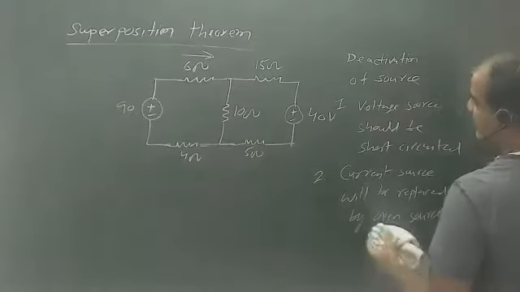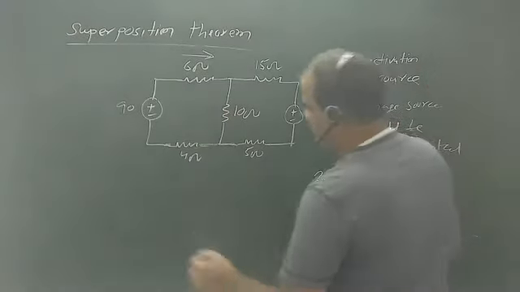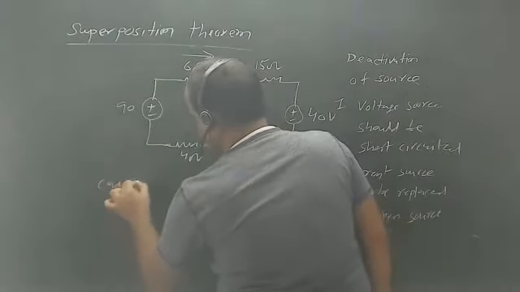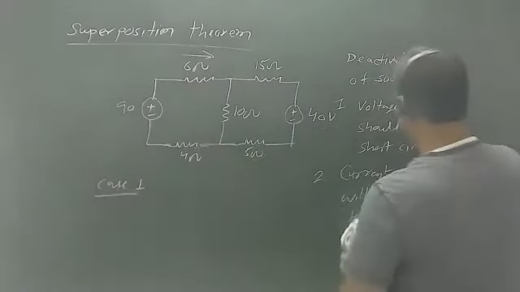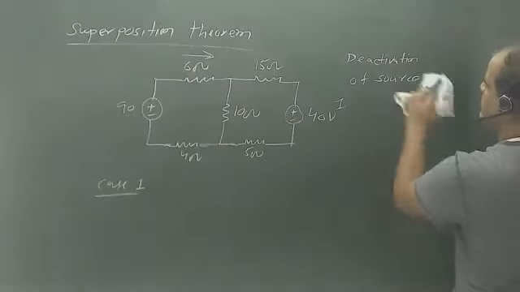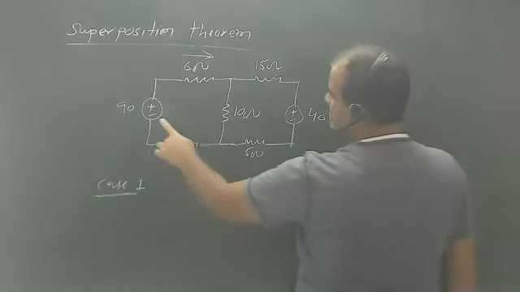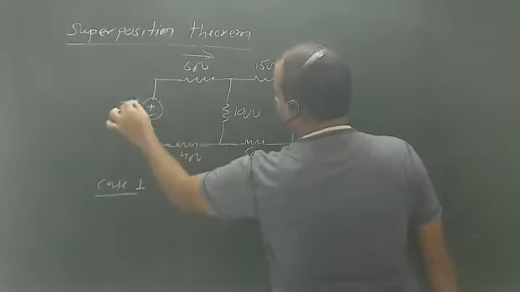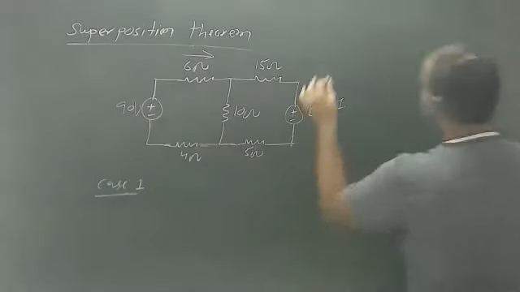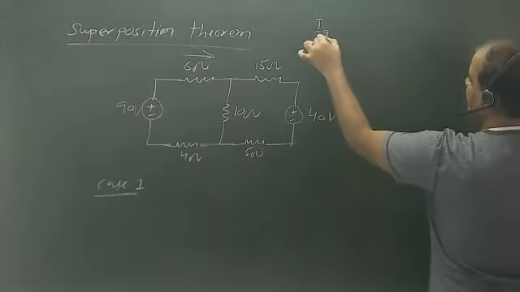So what we'll do, we'll take case 1. We'll calculate the current due to 90 volts. Say the current due to 90 volt is I90.